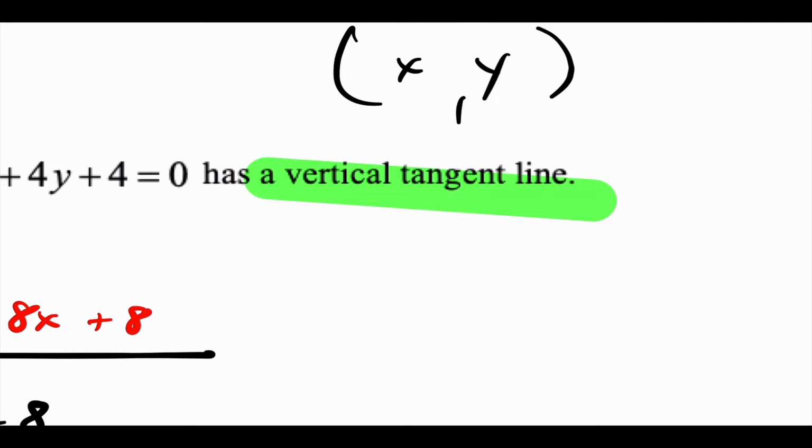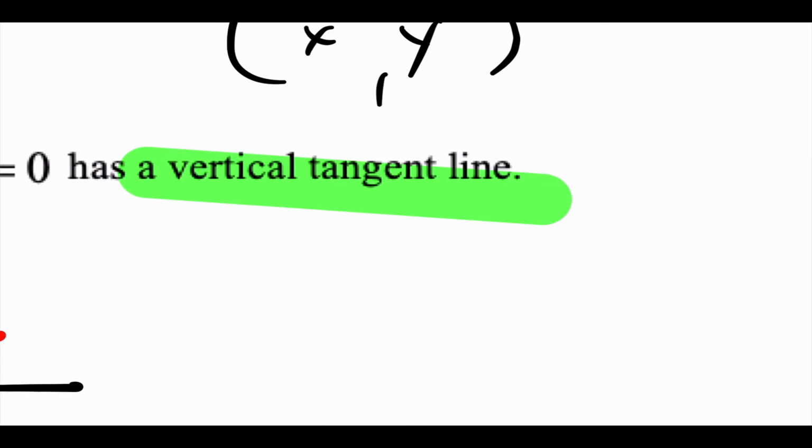So I drew a picture of two horizontal tangent lines. What would a vertical tangent line look like? A vertical tangent line, okay?